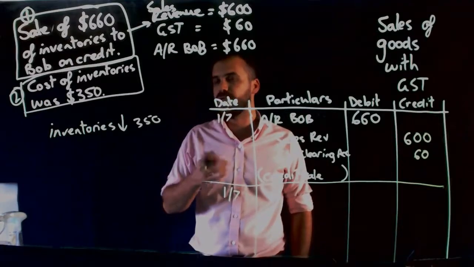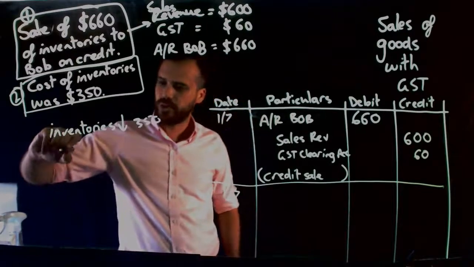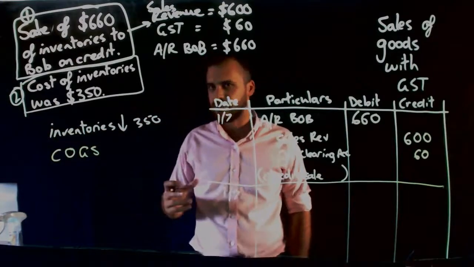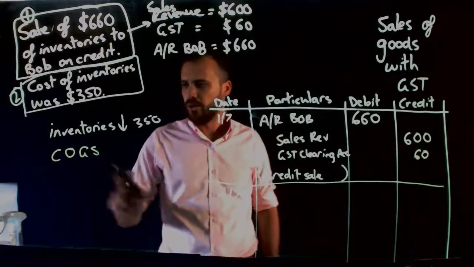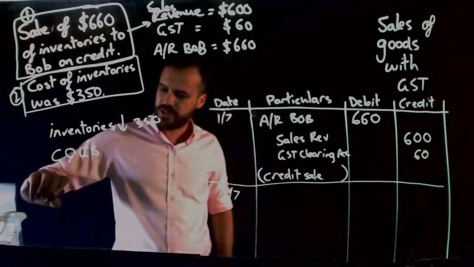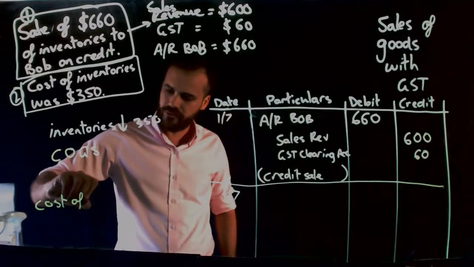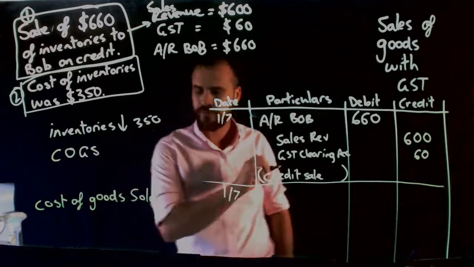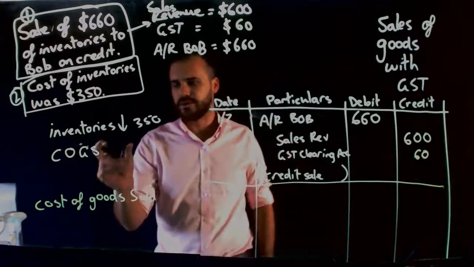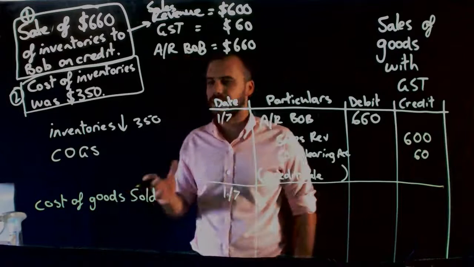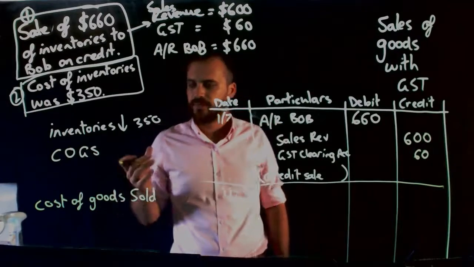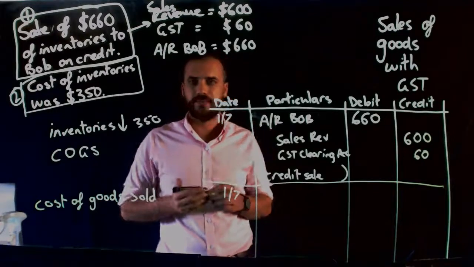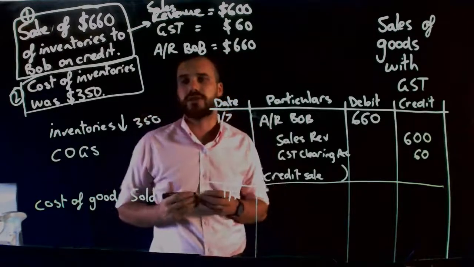The second account you've never met before. It's called COGS. Accountants all across the world are familiar with the word COGS, which stands for cost of goods sold. Pretty straightforward. Now, what sort of account is COGS? What we're doing here, I'm not going to write it down, but it is important. It's an idea that you can get into your head.